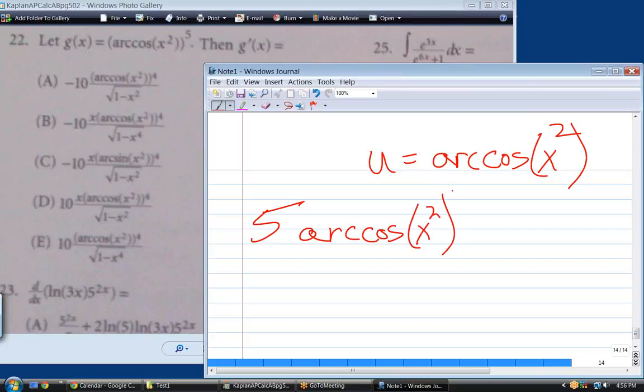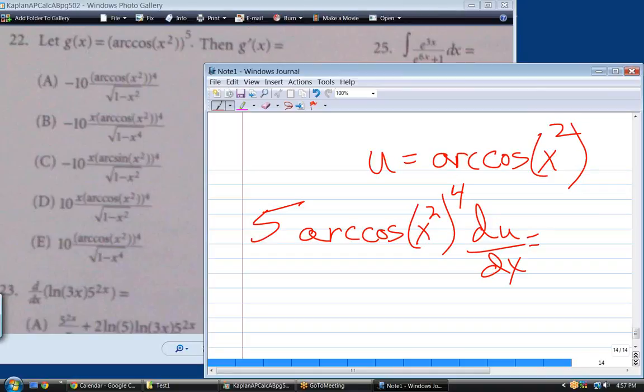So that's the power rule, and that's the derivative of the outside. Now, to figure out what du dx is, I have to multiply this whole thing by du dx. So let's go up to this and figure out what du dx is.